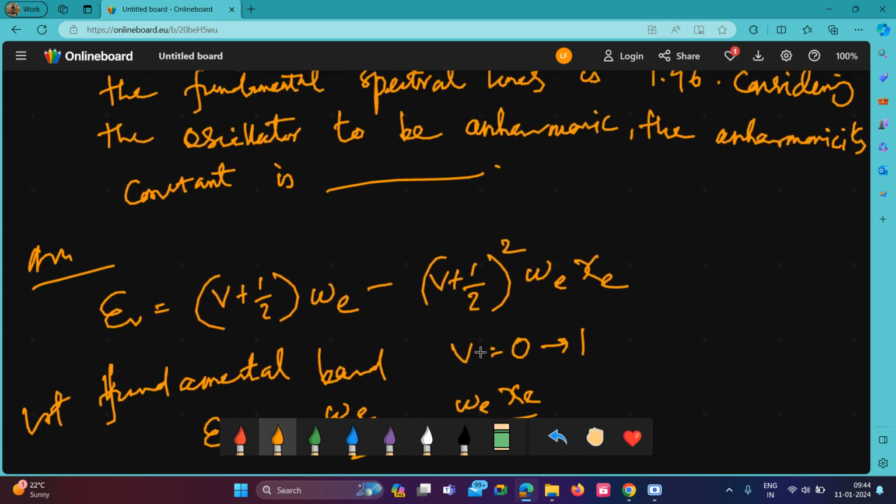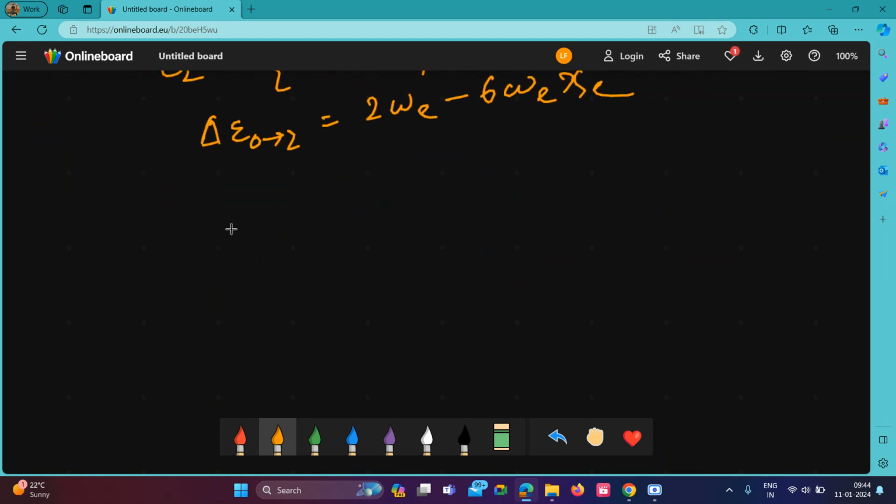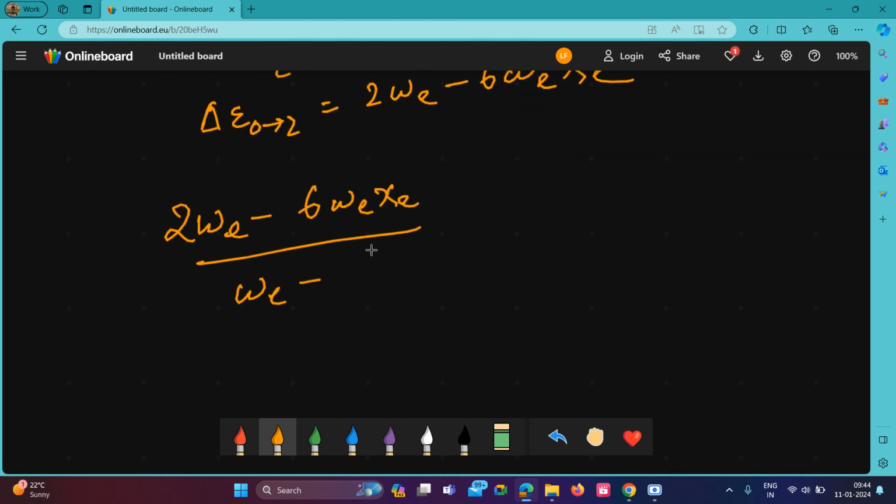So the ratio of the first overtone and fundamental lines is this one: 2 omega e minus 6 omega e chi e, whole divided by omega e minus 2 omega e chi e, is equal to 1.96.